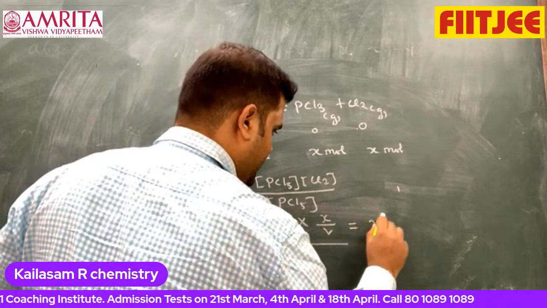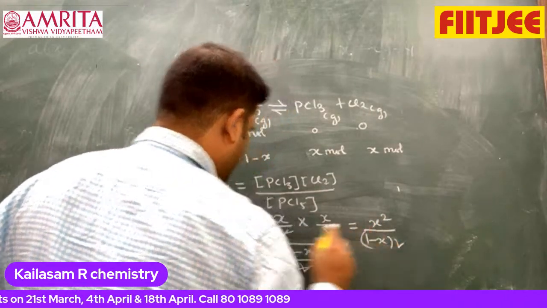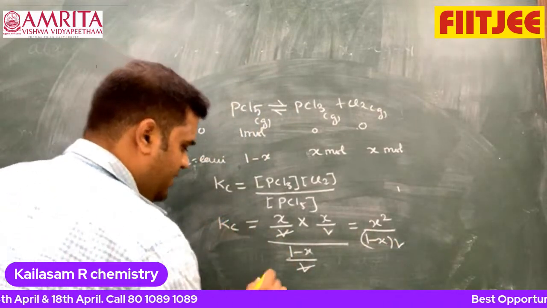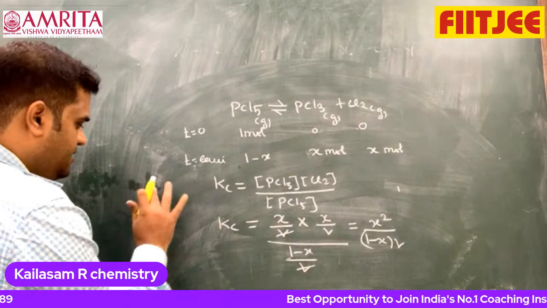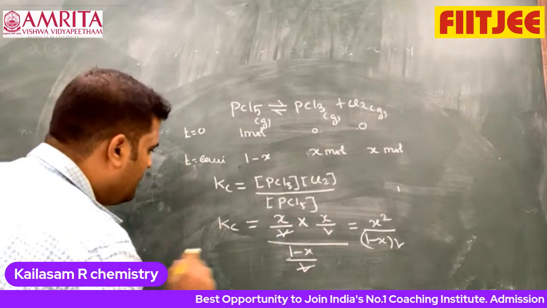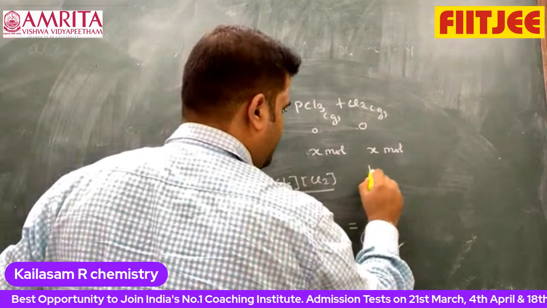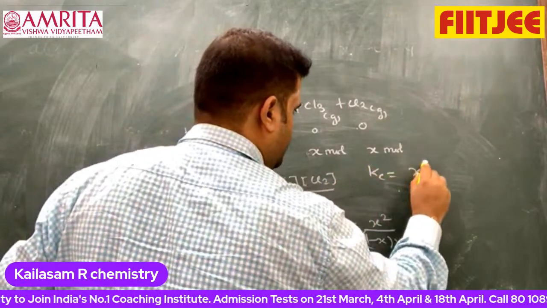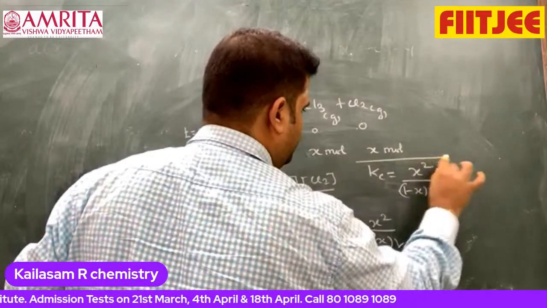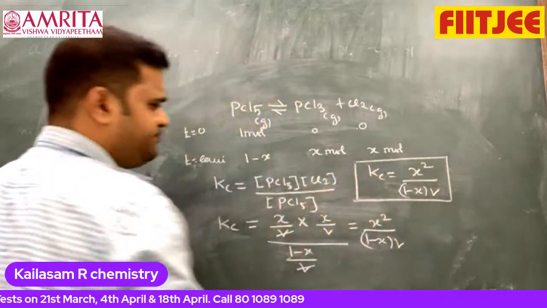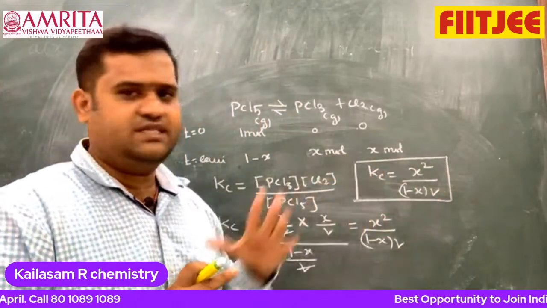Very simple: x squared by 1 minus x into V is equal to Kc. Now my question is, at constant temperature, when volume increases, what about Kc?